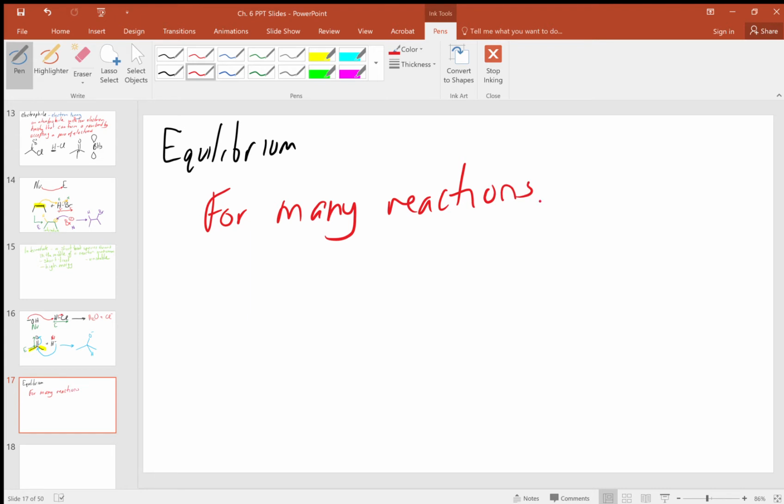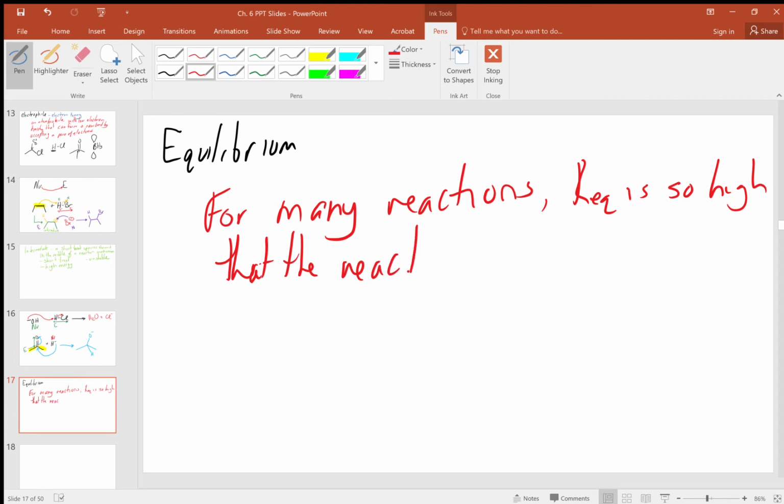So for many reactions, the equilibrium constant is so high that the reaction only goes in one direction.